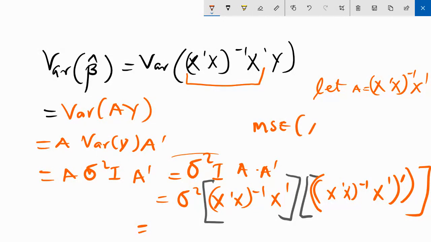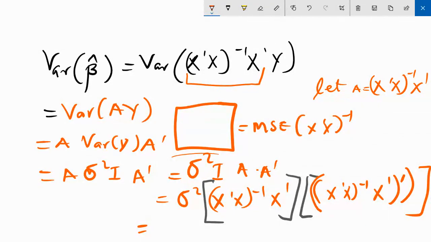Can you please check from your notes or study guide what is written here? The left side says variance of what?